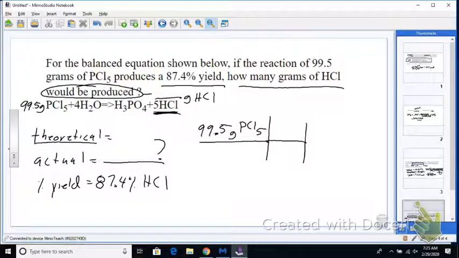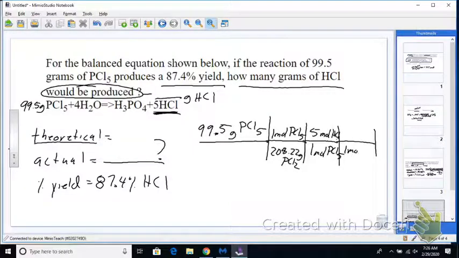It's 208.22 grams, that's equal to 1 mole. Then we're going to look at our ratio. And our ratio says for every 1 mole of PCl5, we have 5 moles of HCl produced.